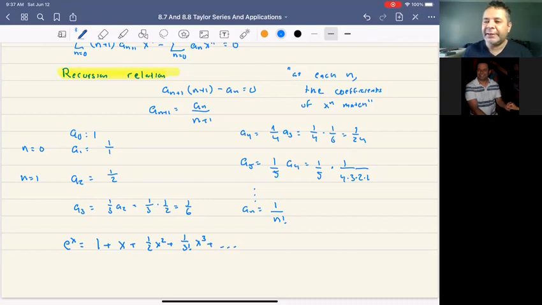Keeps going on like that forever. From 0 to infinity, 1/n factorial x to the n.